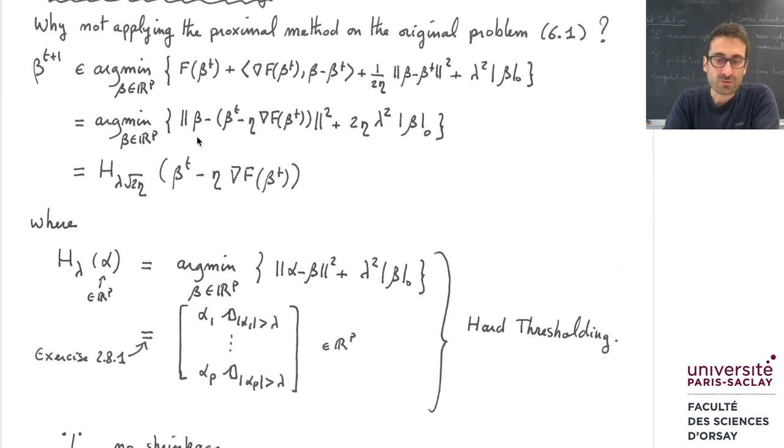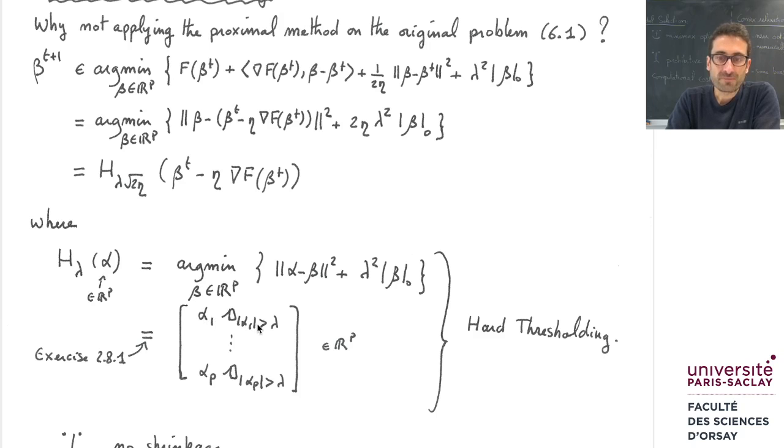And this explicit solution is expressed in terms of the hard-thresholding estimator. So let me remind you what is the hard-thresholding estimator. This is an operator which takes as input a vector in R^p, and it outputs a vector which is still in R^p, and what it does is it looks at the value. So for alpha 1, it looks at alpha 1.